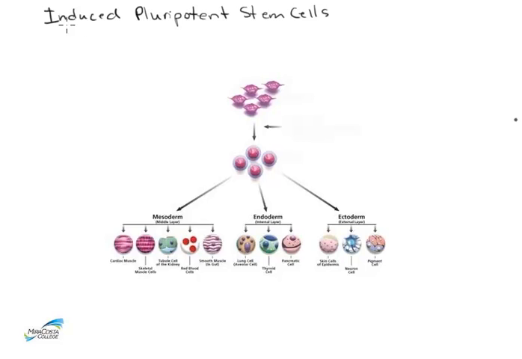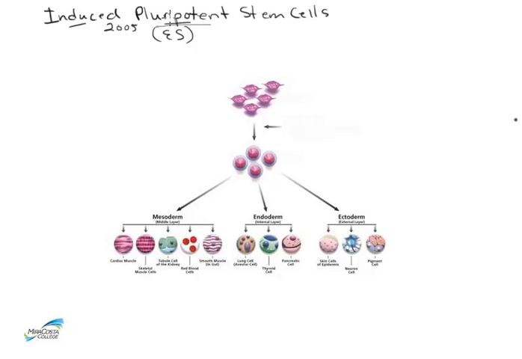Now, this is something that's only been investigated within the last few years. The first publications that demonstrated that this was possible were in 2005, so this is a really recent development in the research community. But this is very nicely described by the name of this population of cells, induced pluripotent stem cells. So they're pluripotent stem cells, just like embryonic stem cells, but they're induced to become pluripotent.